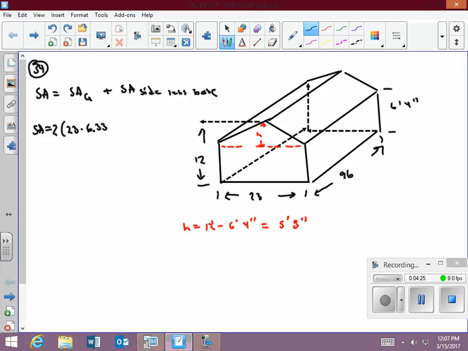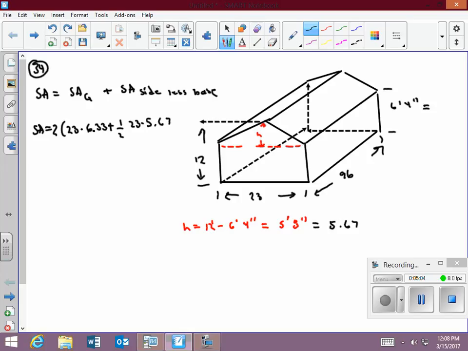Then you have to add to that the part that has the H in it, and that's going to be 1/2 of the base, which is 23, times that H, and that H is 5 2/3, right? 5.67.